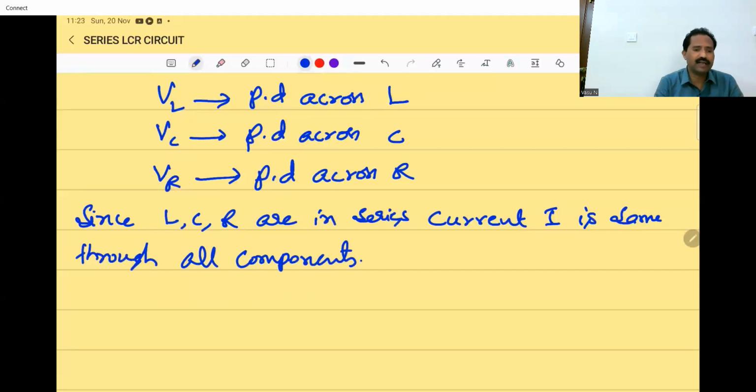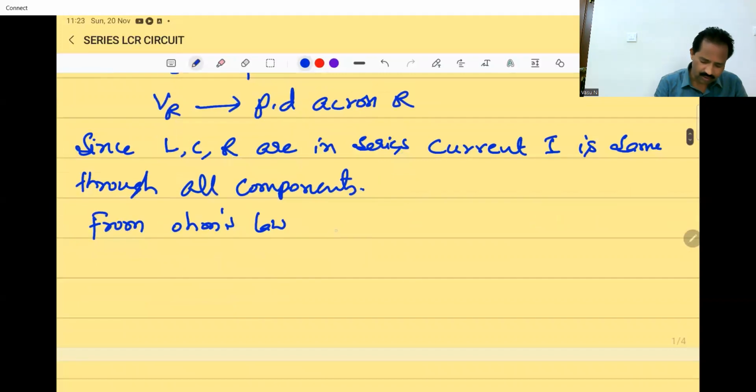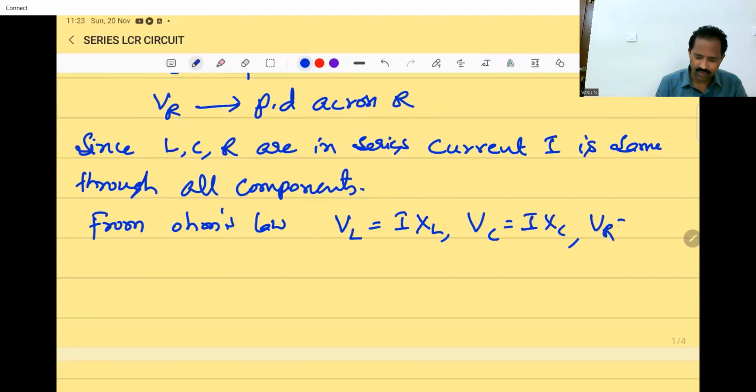Whatever current is through the inductance, the same is through the capacitor and the resistor. So from Ohm's law, we can write VL is equal to I into XL, VC is equal to I into XC, VR is equal to I into R. From Ohm's law, V is equal to I into R. For inductance, it is called inductive reactance.